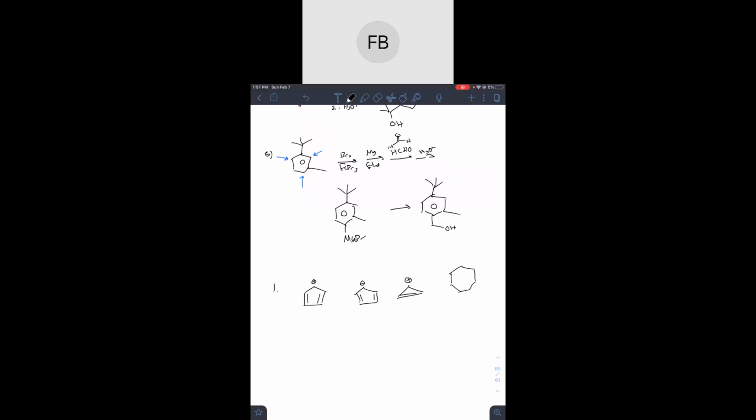Okay, so for this one, first of all, let's just do some quick recollection of aromatic. We have three different categories: aromatic, anti-aromatic, and non-aromatic.